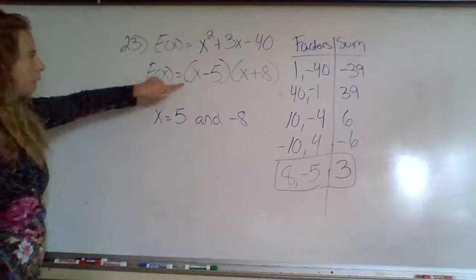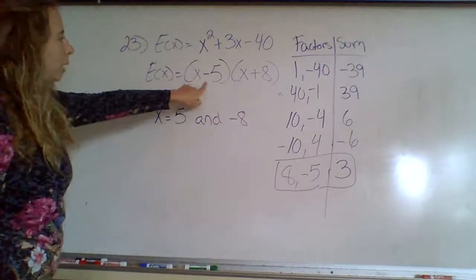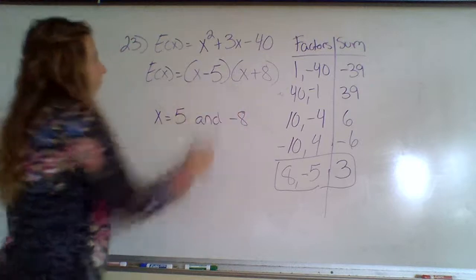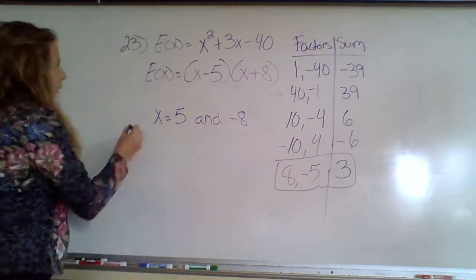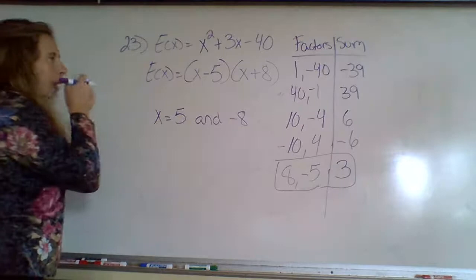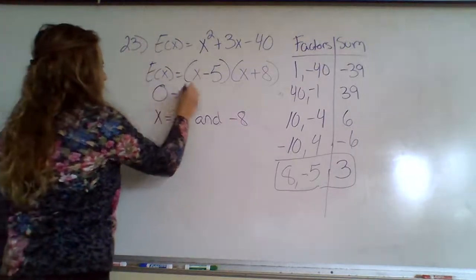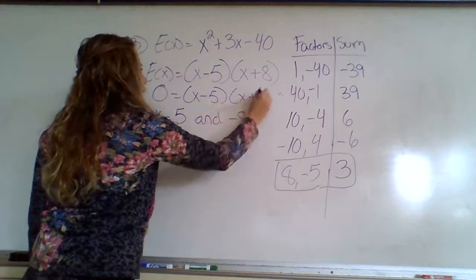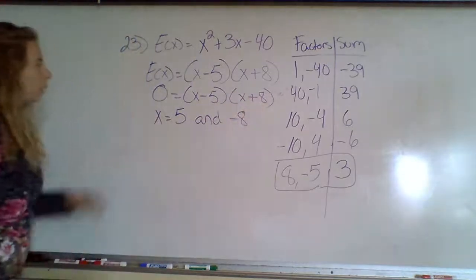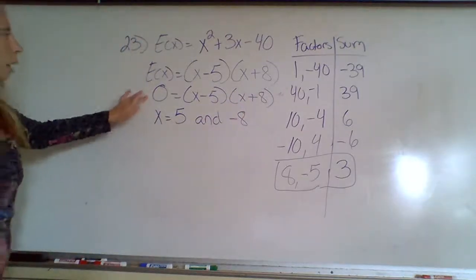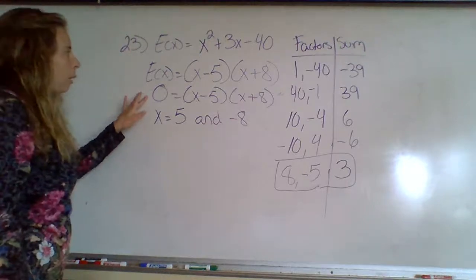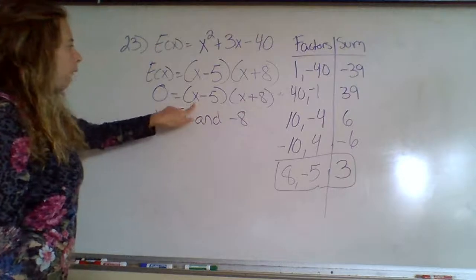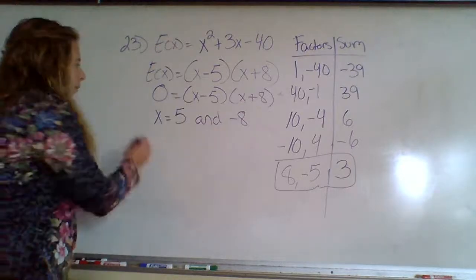Because if x is 5, 5 minus 5 makes it 0, and so this makes the whole thing 0. Remember, when we're trying to find the x-intercepts, we always put our equation equal to 0, and then you try to figure out what value of x will make this equal to 0. 5 and negative 8.